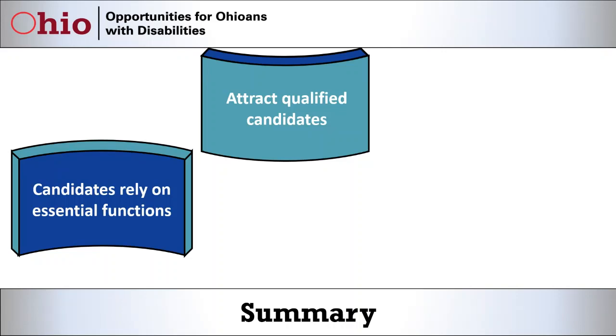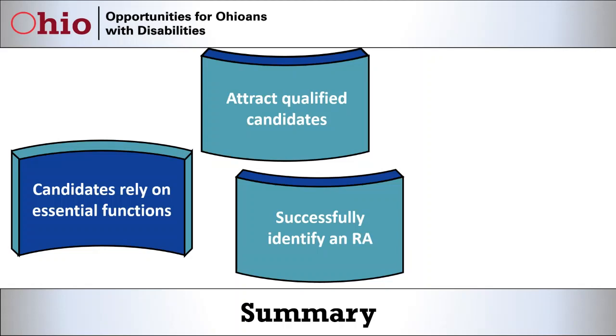And when an employee with a disability requests a reasonable accommodation to perform the job, employers can rely on their inclusively written essential functions to help facilitate the interactive process and successfully identify a reasonable accommodation so the employee can perform the job just as effectively in another way.